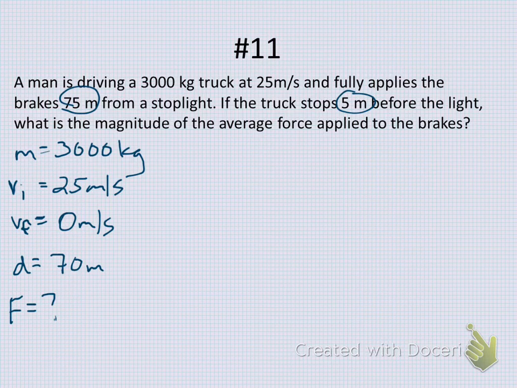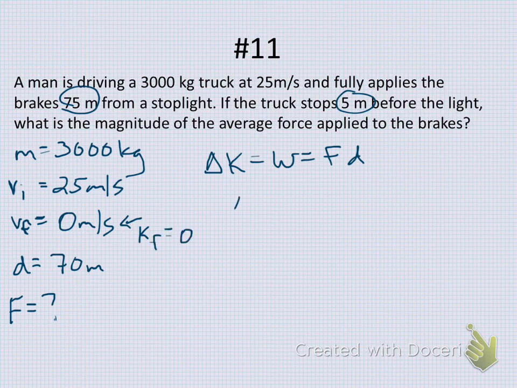Okay, so for this one, we have change in kinetic energy being equal to work being equal to Fd. And again, we have a situation where because our final velocity is 0, that means our final kinetic energy is 0. So that means that the change in kinetic energy is equal to negative Ki, because it's usually Kf minus Ki.